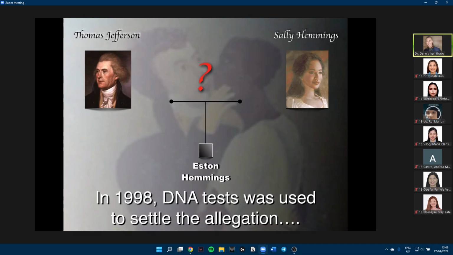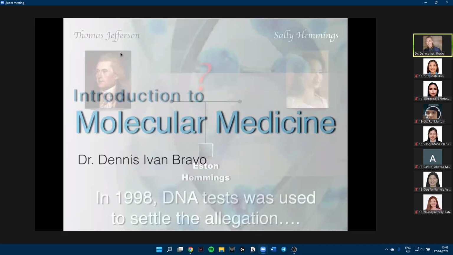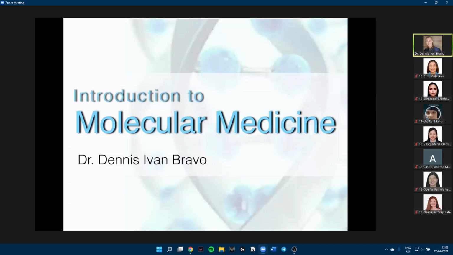So we're going to take a look at the result later on, and you are going to interpret the result and make your own conclusion. But of course, before you can do that, we are going to study first the introduction to molecular medicine so you have the necessary tools to understand and interpret the result.